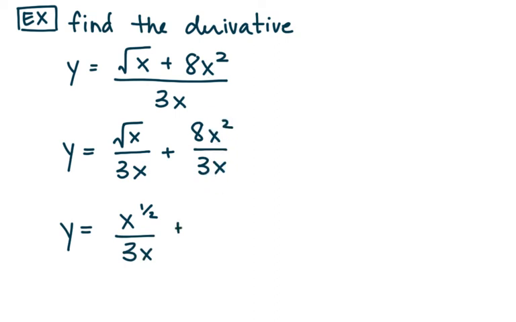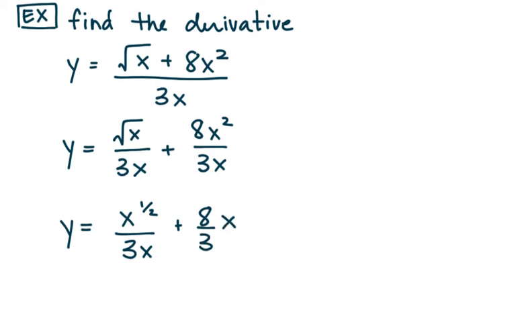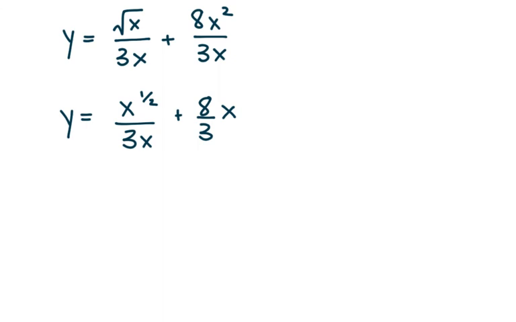And looking at this, since I have x squared divided by x, essentially that is just 8/3 with an x in the numerator, or you can write it in the back. And then thinking about this, we have x to the 1/2 over x to the first. When you're dividing like bases, you can subtract the powers.